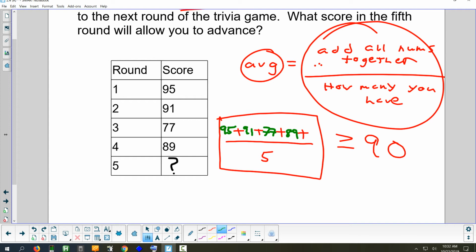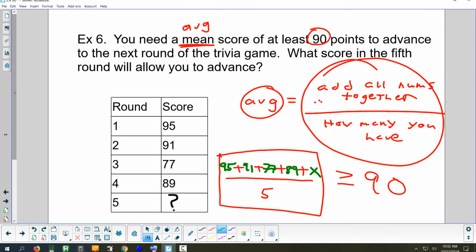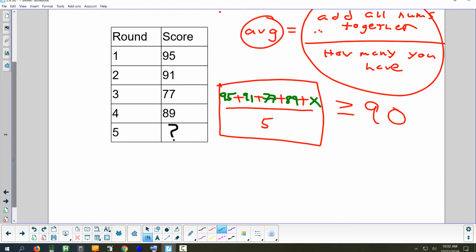Because we don't know it yet. X. It's unknown. But once we know it, if you add it up to every other score that you already have and divide by 5, it's got to come out greater than or equal to 90. If you don't have an average greater than or equal to 90, you're not going to go to the next round in this game, like round 6 or whatever it is. Right? So let's see what we get.